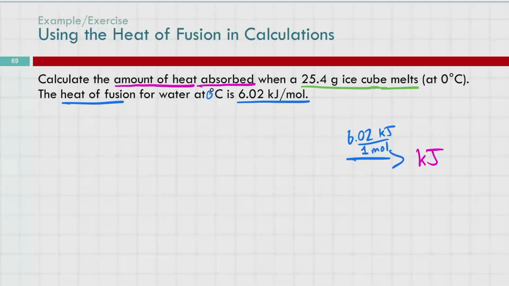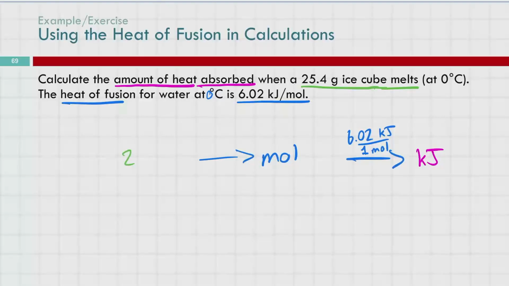What would we have to have to get to kilojoules using this conversion factor? Moles. Do we have moles? I do. I've got 2 in my office. Sorry, do we have moles in the problem? No, we don't have moles. Can we get moles? We sure can. How do we get moles?